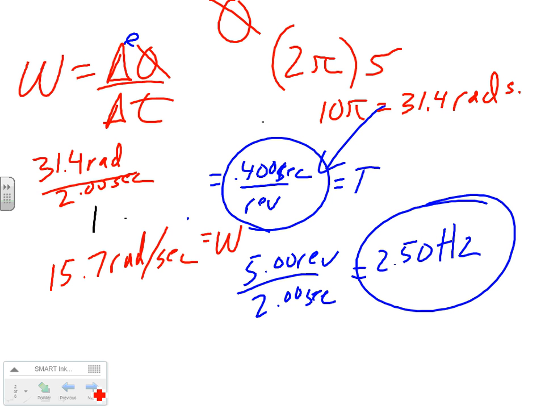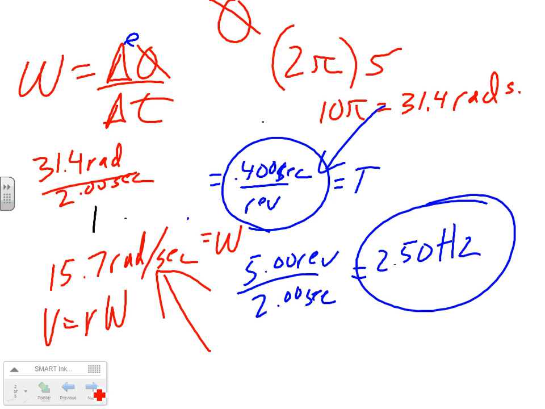The final question on this problem set was, what's the linear or tangential velocity? The relationship between linear and angular is, again, linear equals radius times angular velocity. So in this problem, we're going to take our radius, 1.5, and we're going to multiply it by our angular velocity.